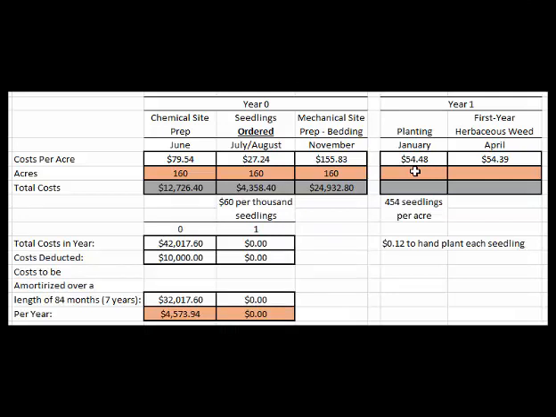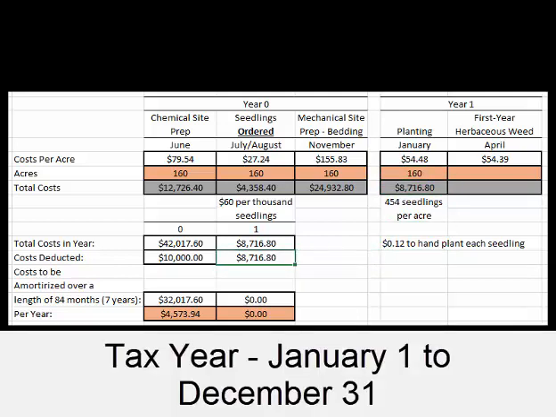But we're assuming that we were able to get all the seedlings in Mississippi and that there were no other costs incurred beyond, say, the delivery of the seedlings, however you want to define that. We're just going to ignore any costs beyond paying for the seedlings and the actual planting in the ground of the seedlings. So once we do that, you can see that gets put into the amount deducted in tax year one.